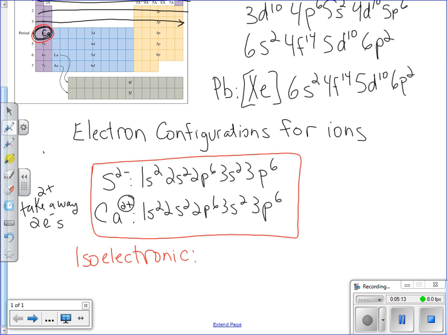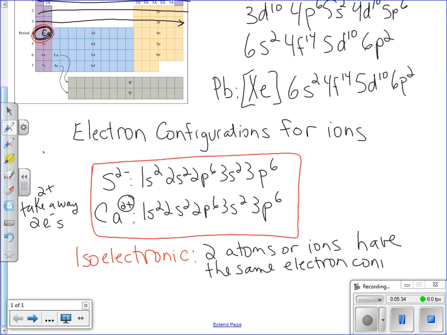If two atoms or ions are isoelectronic, it means they have the same electron configuration. Iso means same, electronic. Same electron configuration.